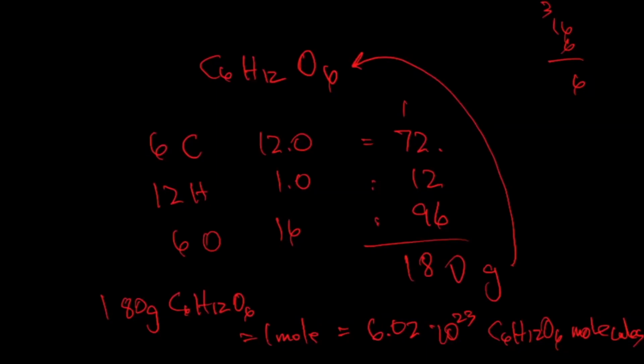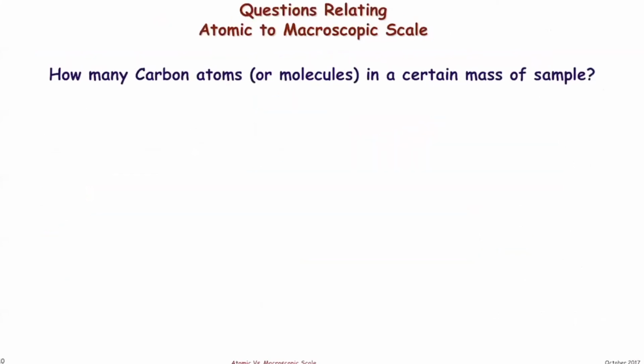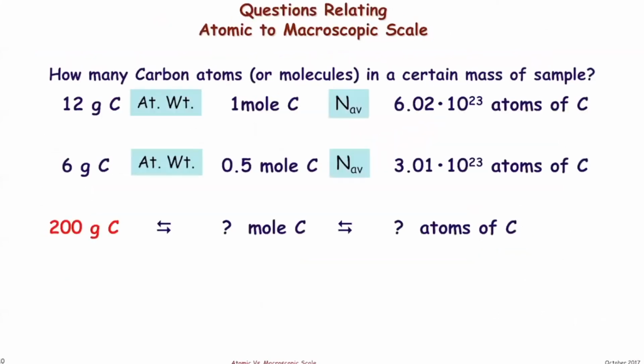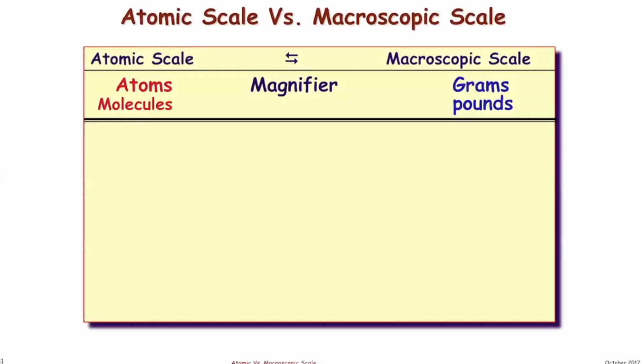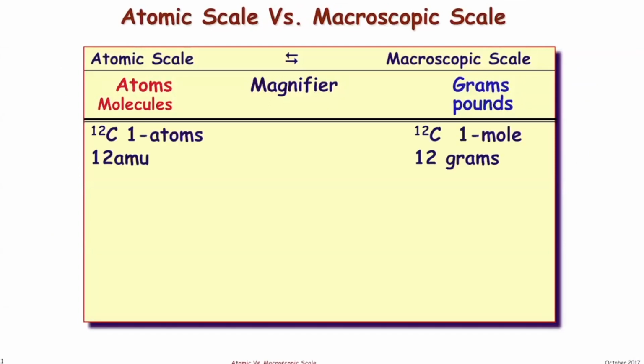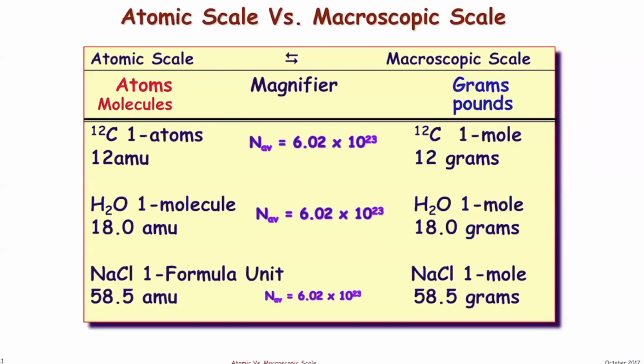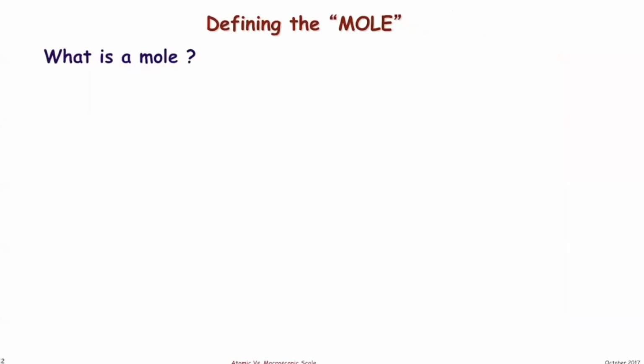Okay, so now that you know that, let's move on. I've already stressed that. But what I want to do is, the reason why chemistry can be frustrating is because there's so many definitions of moles.